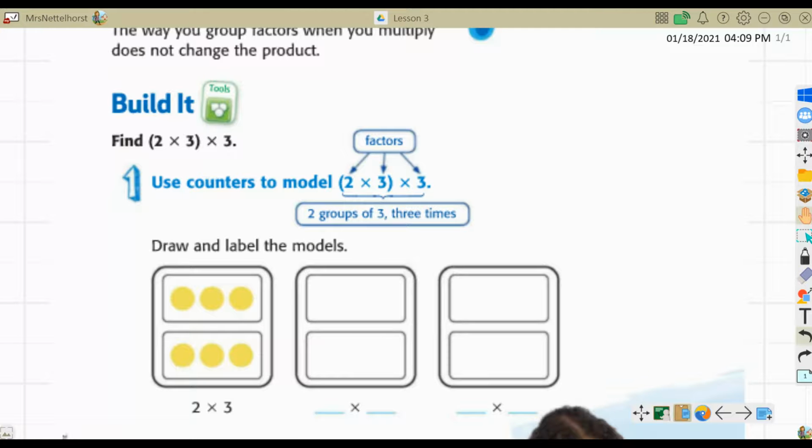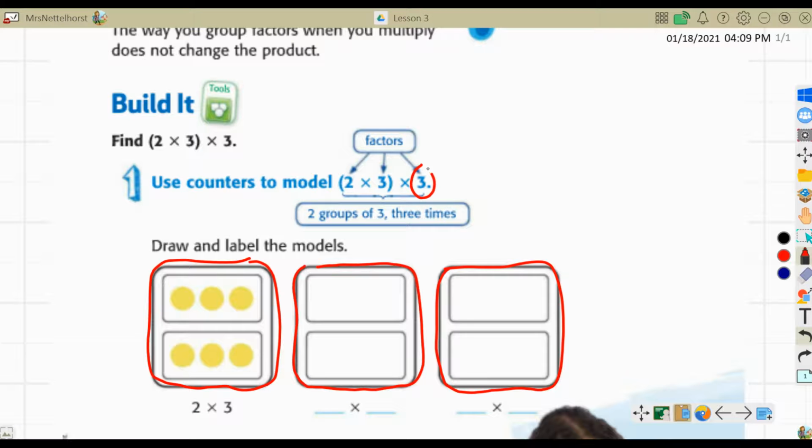So you'll see that you have 3 boxes here. You've got this box, that's 1. You've got this box, that's 2. And this box is 3. That's the 3 times, this one right here. Inside the boxes, you have 2 rectangles.